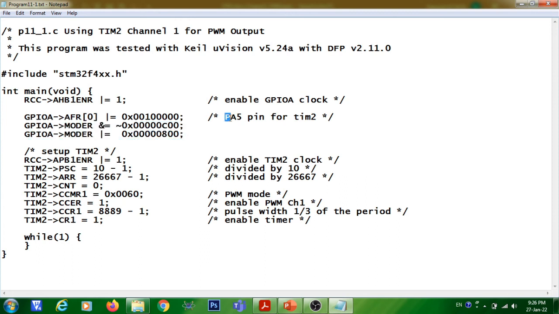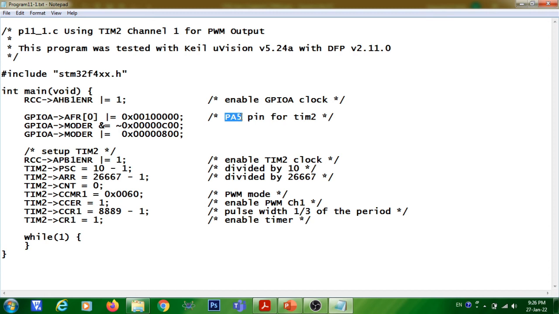That means PA5 is configured with the alternate function mode. Then which alternate function you need to configure is configured by using this step. In the AFRL register, you are writing OR equal to 1000, which means you are configuring PA5 with alternate function 1.